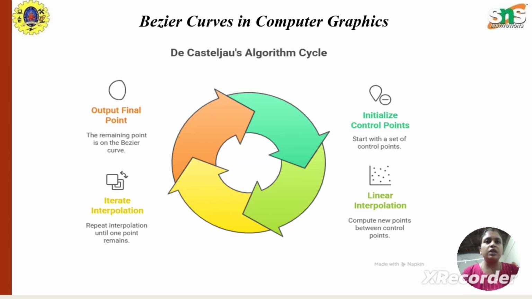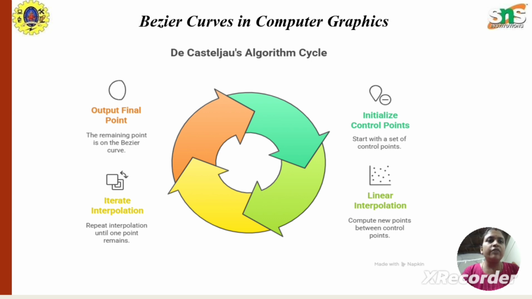The next one is the de Casteljau algorithm. We saw that two people designed these Bezier curves, but Pierre Bezier made them popular with the help of his publications. So let's see about the de Casteljau algorithm also. It has a recursive construction, a geometric method for computing Bezier curves by recursive linear interpolation.